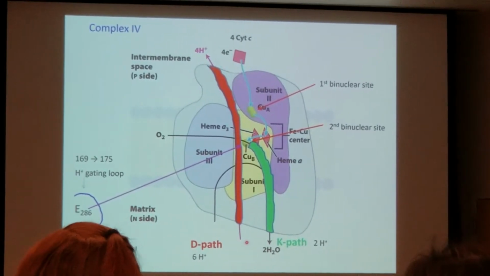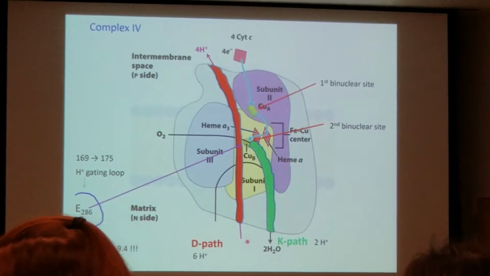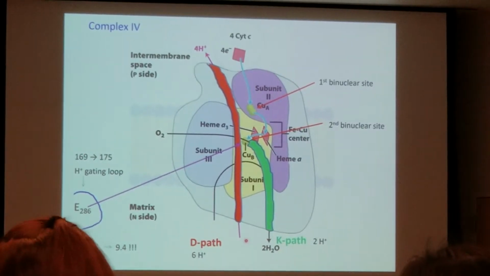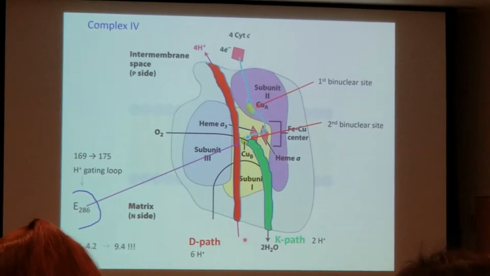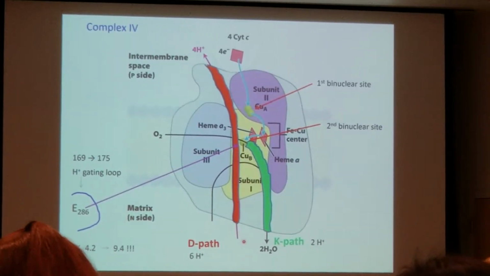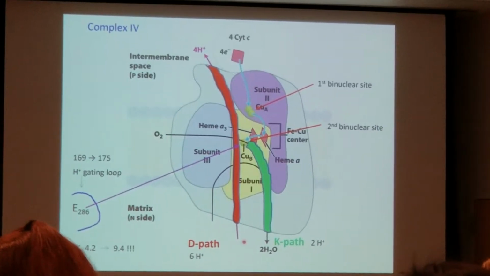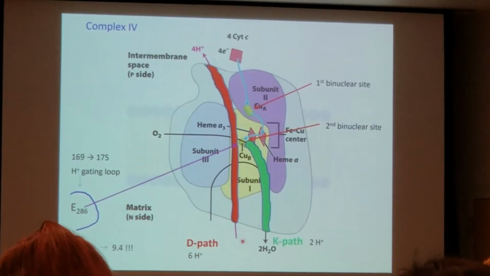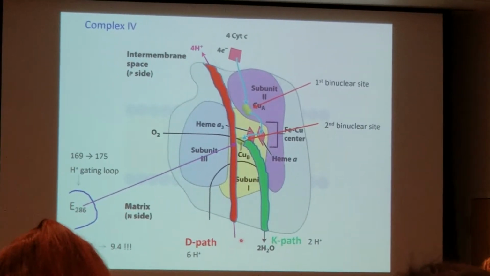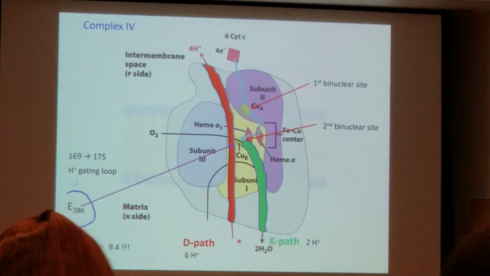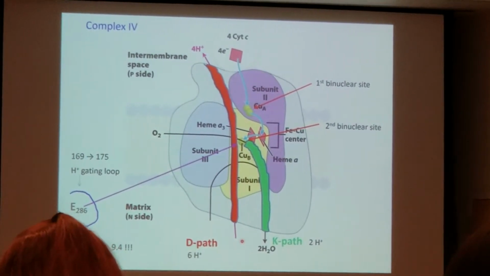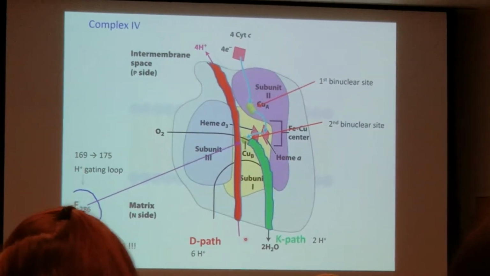Well, again, 2 of them are coming from the D path, and 2 out of the 6 are coming from the red path. So that's where the 4 are coming from. Well, again, the K path is in reality continuous. The D path is continuous too, okay? But when you say, where do the 4 protons come to make 1 water, 2 are coming from the green path and 2 are coming from the red path.